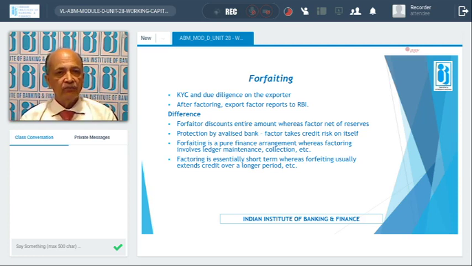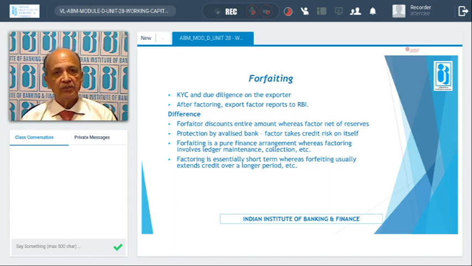Second one is that the forfeiter discounts the entire amount, whereas in the case of factor, earlier it was up to a maximum of 80%. Now relaxation is there, but still banks will see, taking account of various other factors, appraisal, then commercial consideration, then antecedents. Bank will also fix some margin, in most cases, to take care of any deficiency at the time of the final settlement.